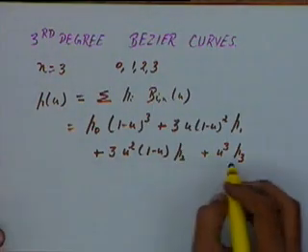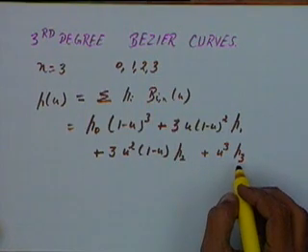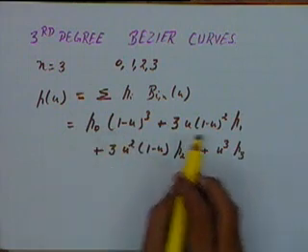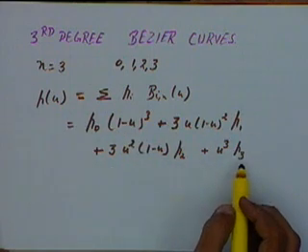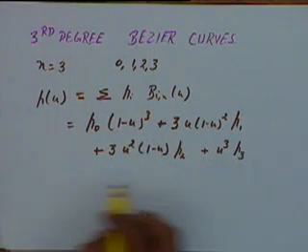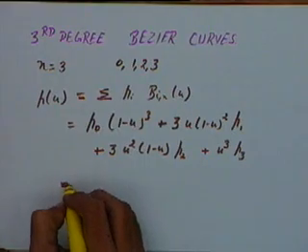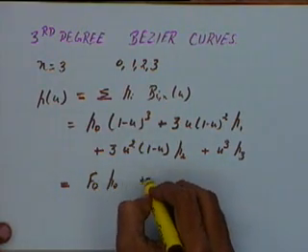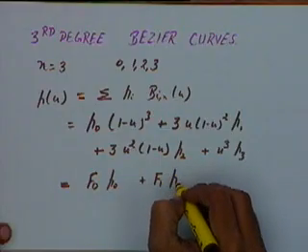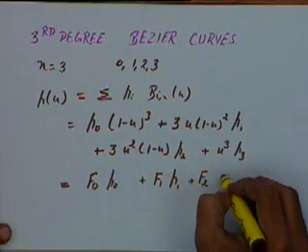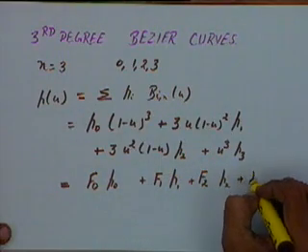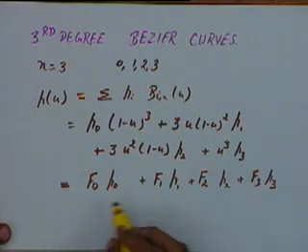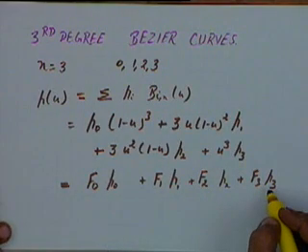So this will be a simple equation for a third degree Bezier curve, where P0, P1, P2 and P3 are the 4 control points. And again, maybe we can write this as F0 P0 plus F1 P1 plus F2 P2 plus F3 P3, where F0, F1, F2 and F3 are the 4 blending functions.